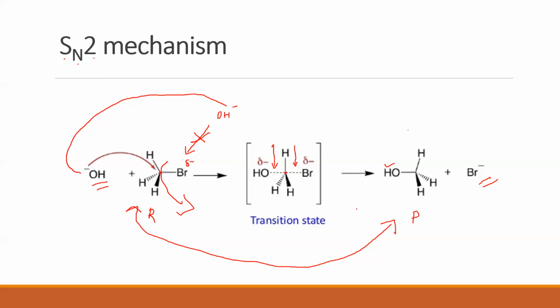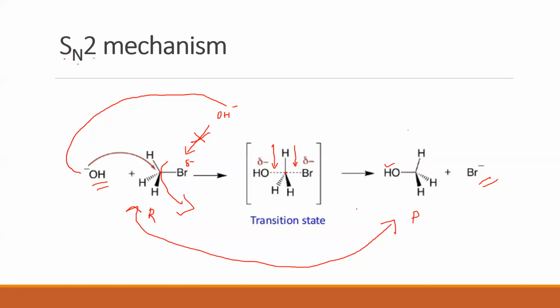The reactant also has 3 hydrogens. The product also has 3 hydrogens. But what is the difference? Yes, if you clearly observe, has the position of hydrogens changed between the reactant and product?